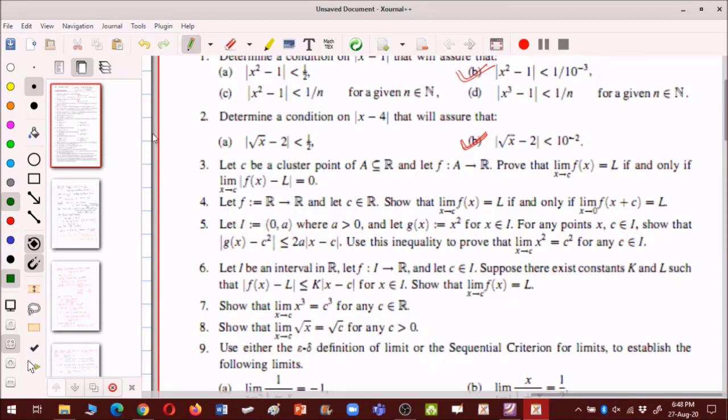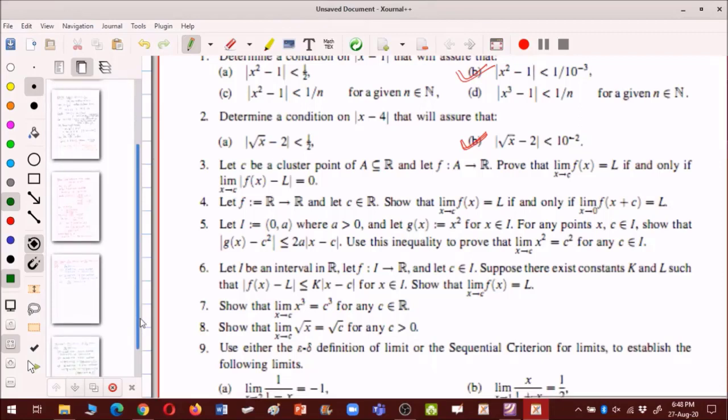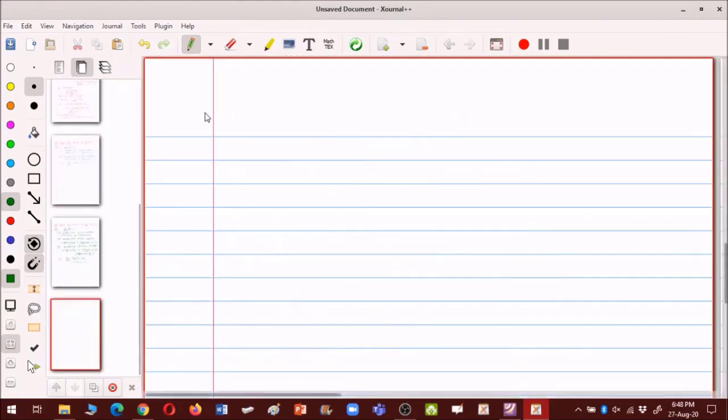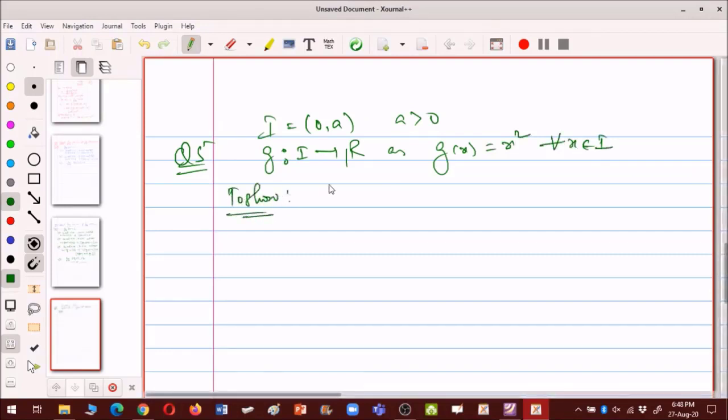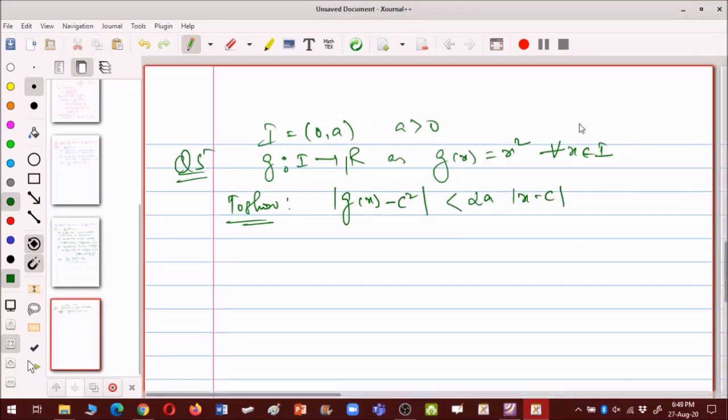So let us get back to this question. Question number 5: I is given to be (0, a), a is positive, g is defined from I to R as g(x) equal to x square for all x belonging to I. To show: |g(x) minus c square| is less than 2a times |x minus c|. c belongs to I is any point, so I have to show that |g(x) minus c square| is less than this.